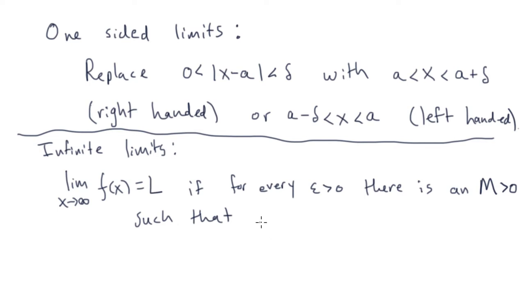So such that for each x bigger than M, we have that the absolute value of f of x minus L is less than epsilon. So if x is large enough, the function is going to be very, very close to, remember, that horizontal asymptote, in this case y equals L.